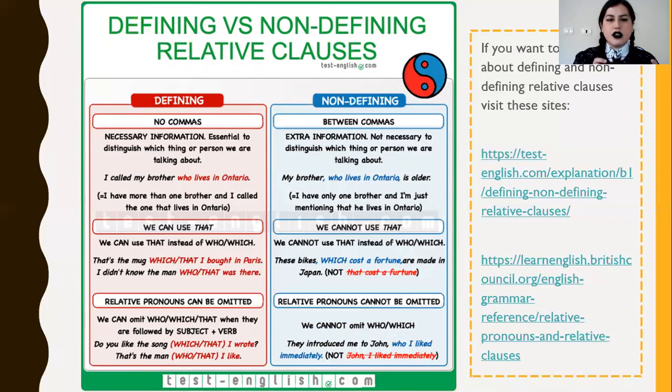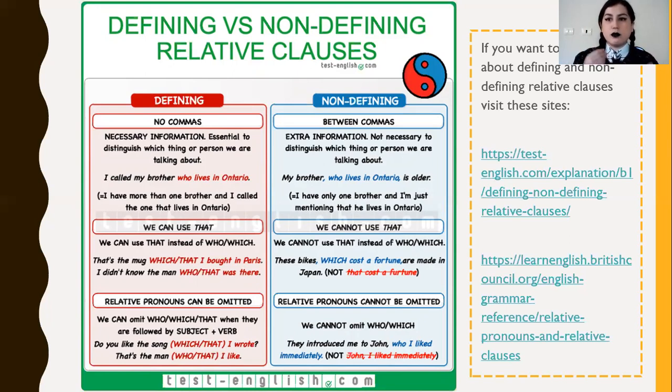That can be used with objects or with people, but only in defining relative clauses. Non-defining relative clauses can't use that, okay? So we can't use the word that with non-defining relative clauses. But with defining relative clauses, we can use that to talk about people or objects. So that's fine. And for defining and non-defining relative clauses, when we're talking about objects, we're going to use which or ideas.